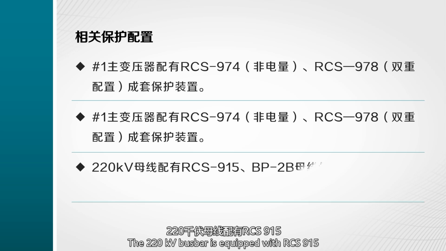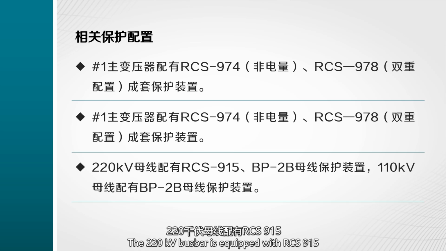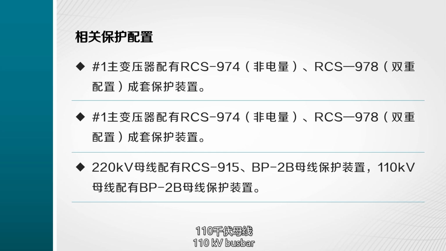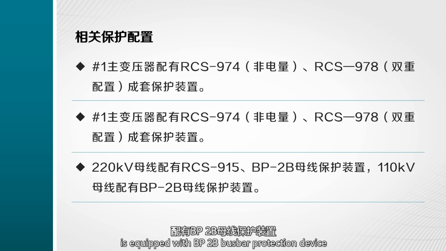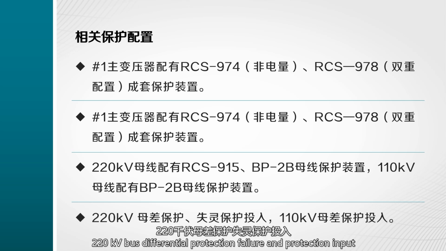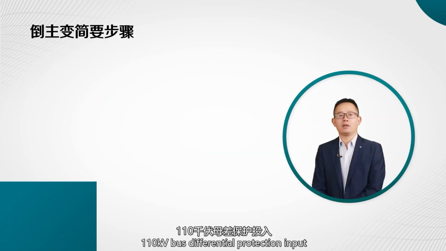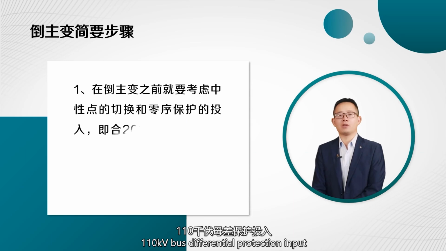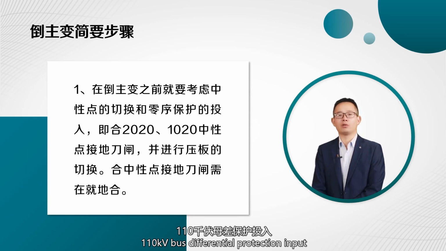The 220 kilovolts bus is equipped with RCS 915 and BP2B bus protection devices. The 110 kilovolts bus is equipped with a BP2B bus protection device. 220 kilovolts bus differential protection failure and protection input; 110 kilovolts bus differential protection input.